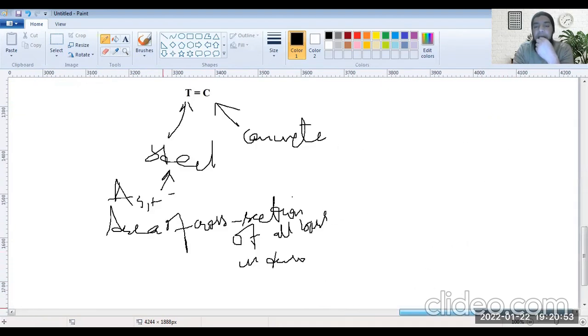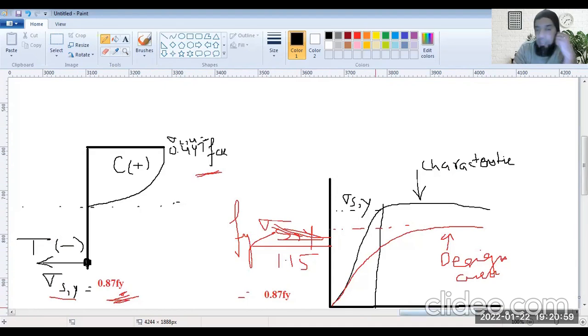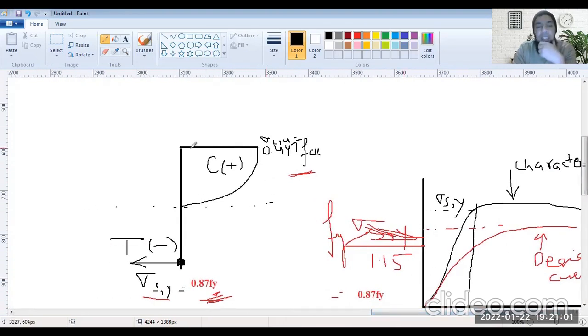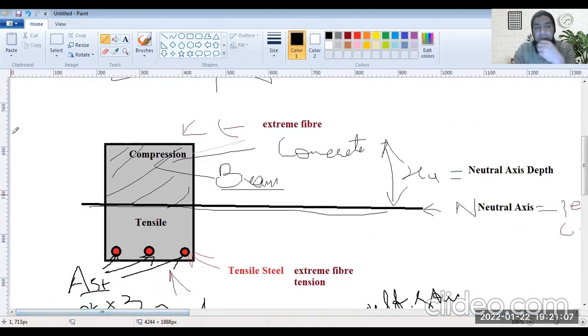Similarly for concrete, now the area of the cross section in concrete which is in compression. If this width is B, and what is this? This is XU, neutral axis depth.